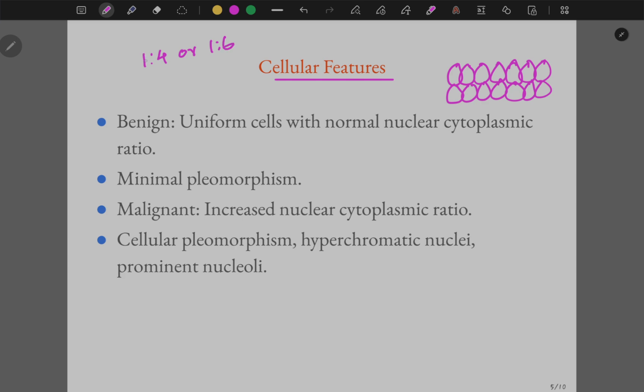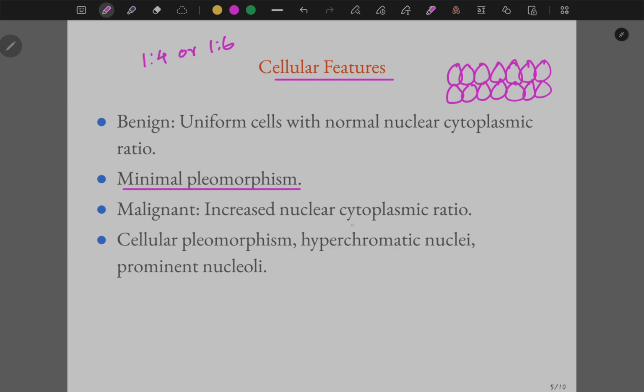They have minimal pleomorphism. What is pleomorphism? Pleomorphism is the variation in size and shape. The cells have similar size and shape, so they have minimal pleomorphism.